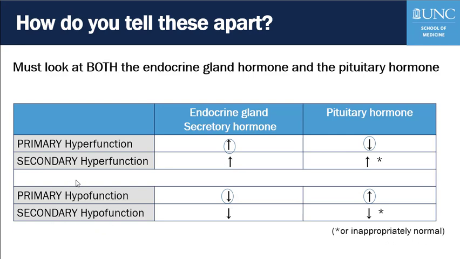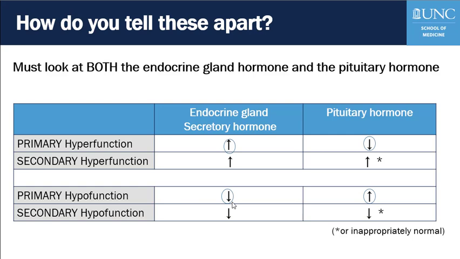Now let's talk about cases of hypofunction. These are patients who look like they have too little of some type of hormone, and when you measure that end organ hormone, it's low. Then you want to know, is it low because the gland itself is failing or because the pituitary is failing to send a signal? Primary hypofunction means the gland itself is failing.